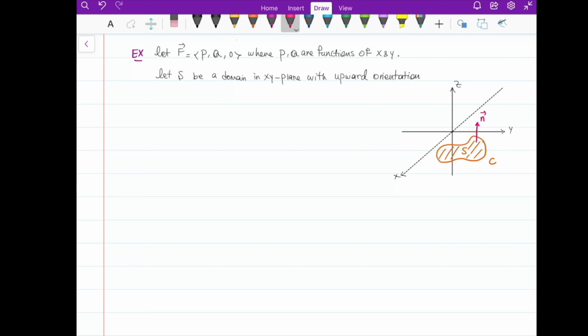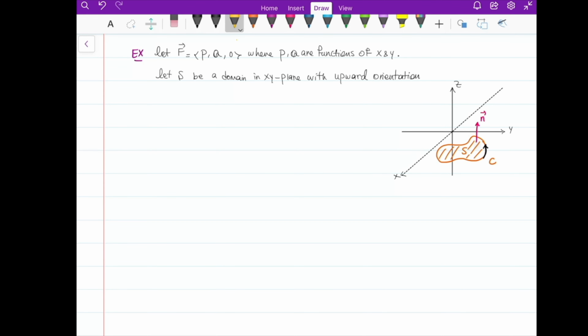Okay, and so if I want to write the orientation of C, it should be counterclockwise like that, such that if I walk along C in the positive direction, with S on my left and my head in the direction of N, then C would be counterclockwise.